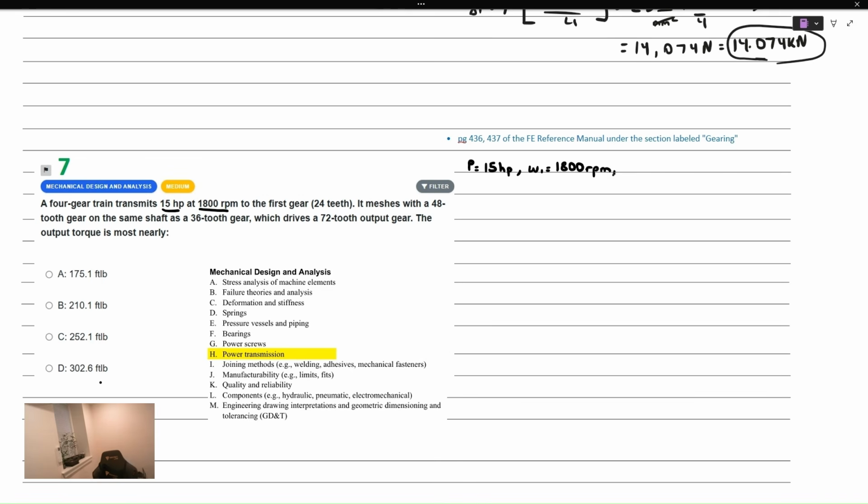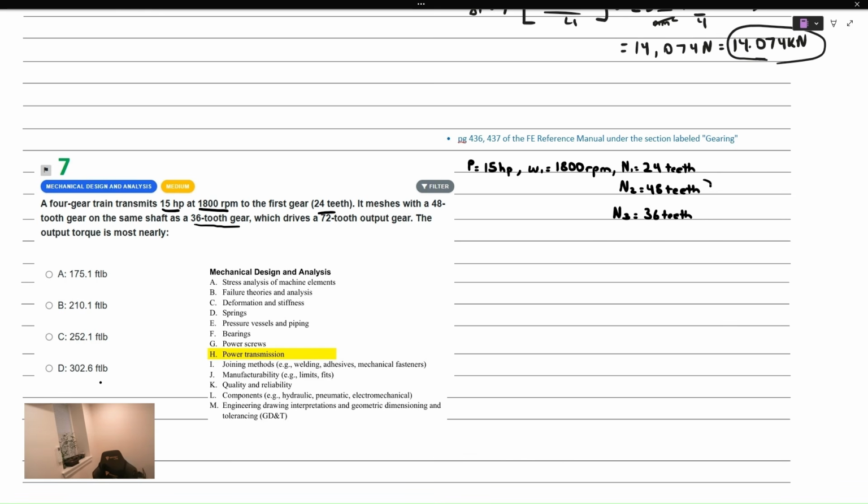The number of teeth on that first gear is 24 teeth. It meshes with a 48 tooth gear, so that means that the second gear has 48 teeth on the same shaft as a 36 tooth gear. So the number of teeth on the third gear is equal to 36 teeth.